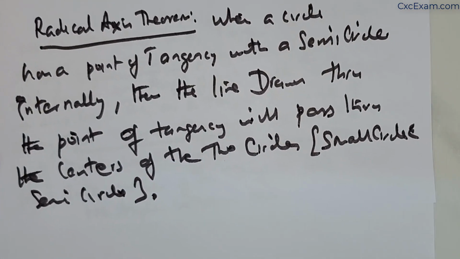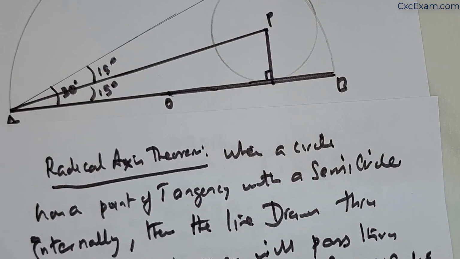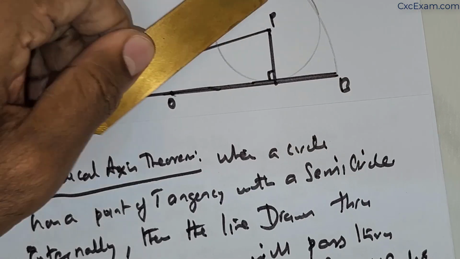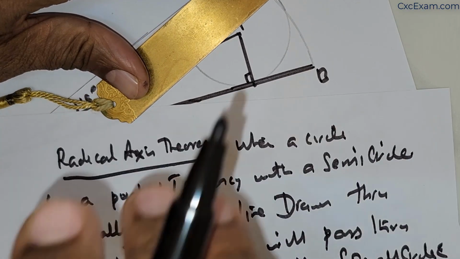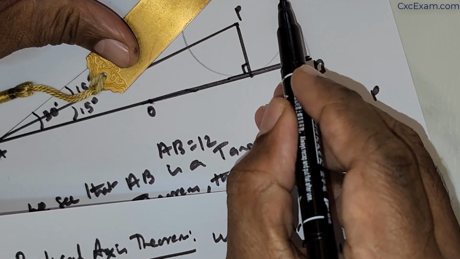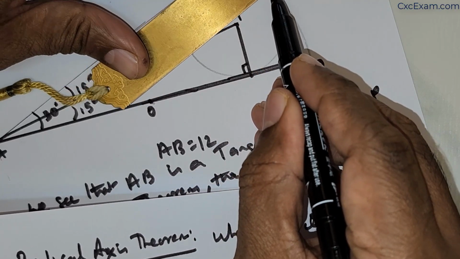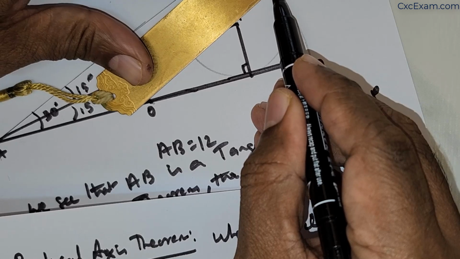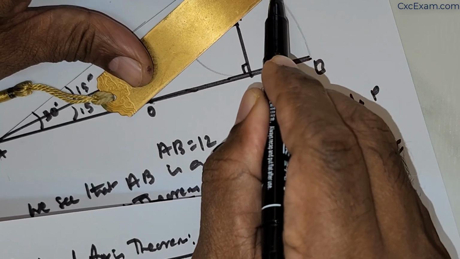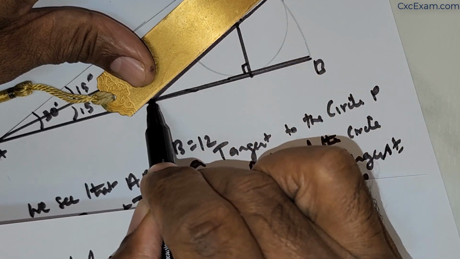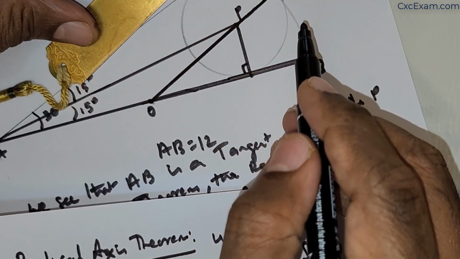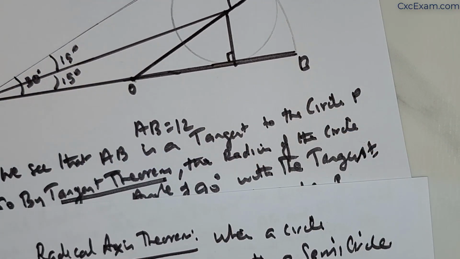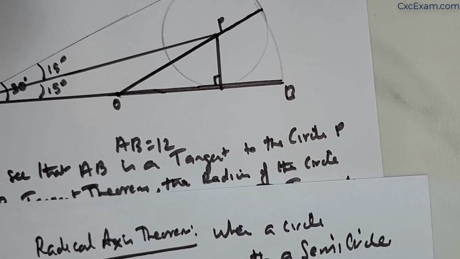So if I were to connect these, the point of tangency, then if I were to draw a line, that line would pass through the centers of the two circles. That is a very important observation we will have to know.